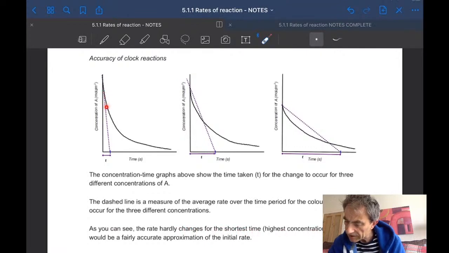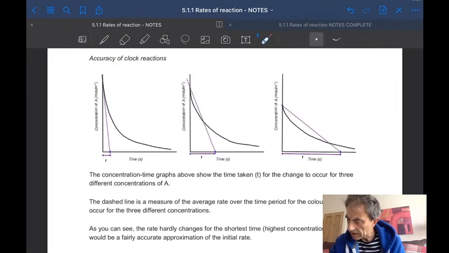So that is a pretty decent approximation of the rate of the reaction for that high concentration. Okay, and that's because the curve is fairly straight, so the rate is fairly constant in that short time period. Really hope this is making sense.